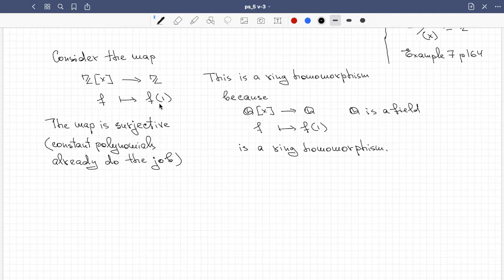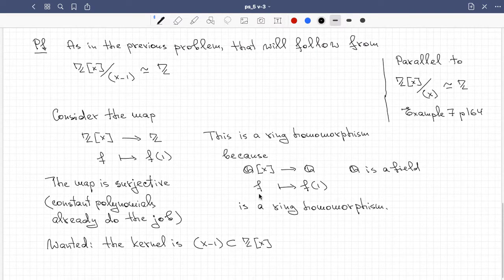And we expect that the kernel is that ideal which we want to consider. So we want the kernel as the ideal generated by the polynomial x minus 1. Indeed, that would suffice.